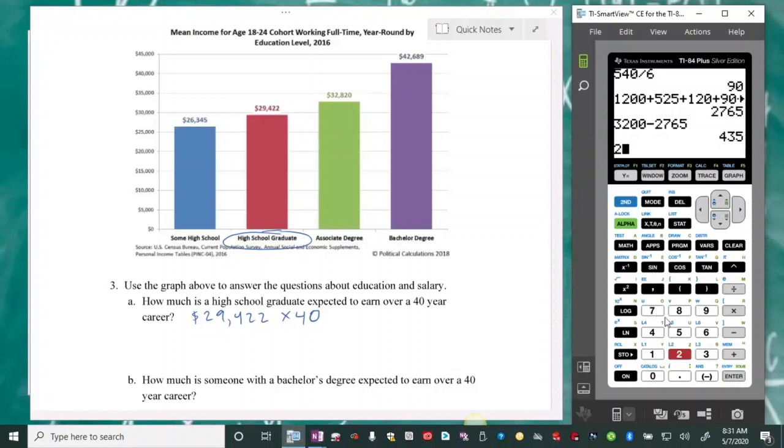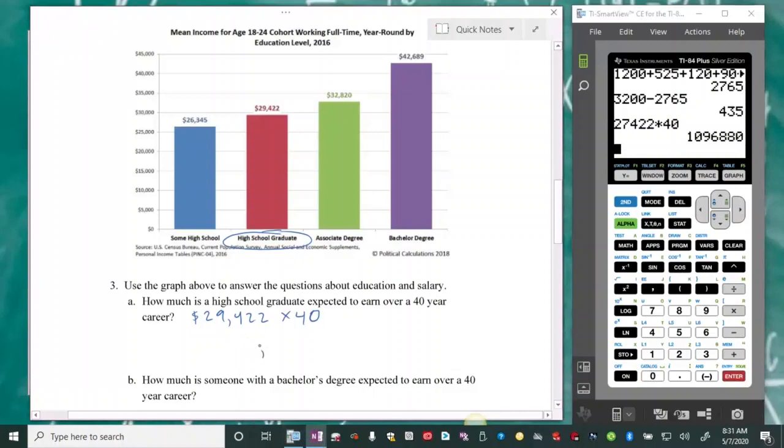So I'm going to do 29422 times 40. And that comes out to be 1,096,880. So not bad. So over a 40-year career, just a little more than $1 million.